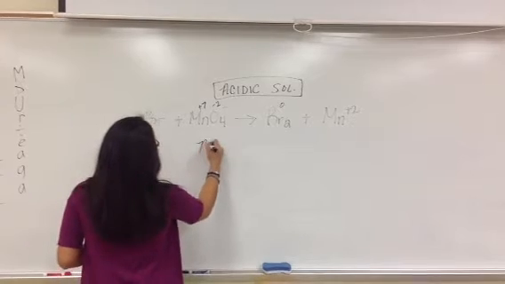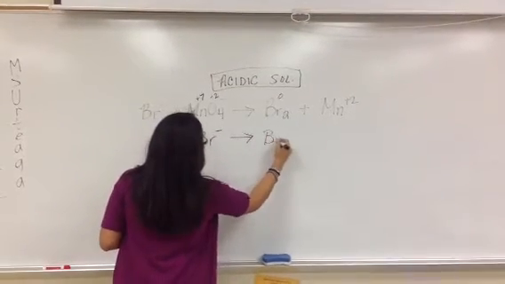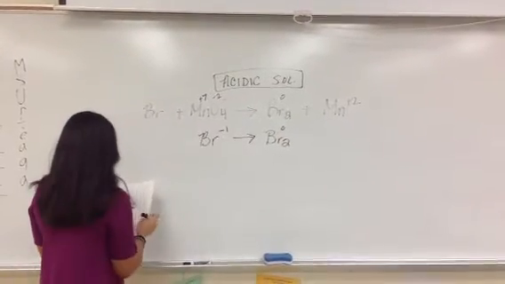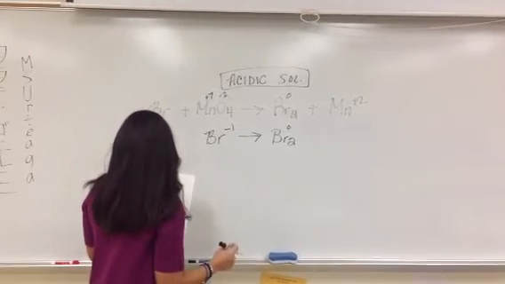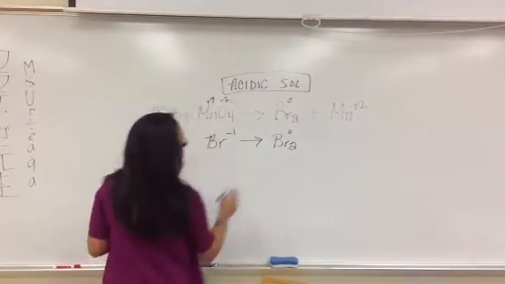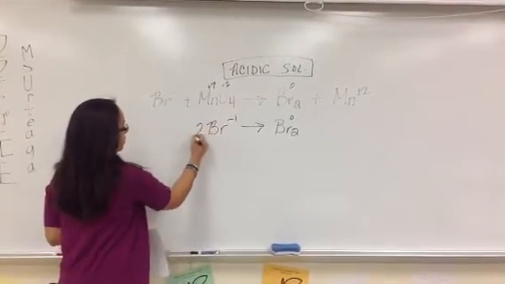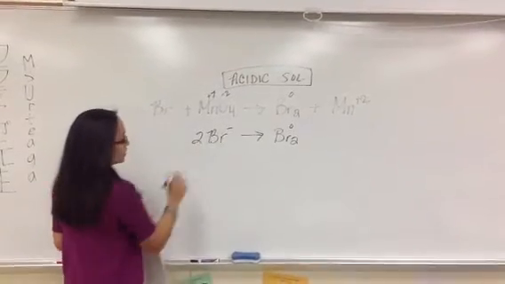So you've got bromine with a minus charge, yielding bromine with a 0 charge. Okay, let's go ahead and balance this out. You've got 2 bromines on this side, so what number should I put over here? I should put a 2, and this will actually change your oxidation state.